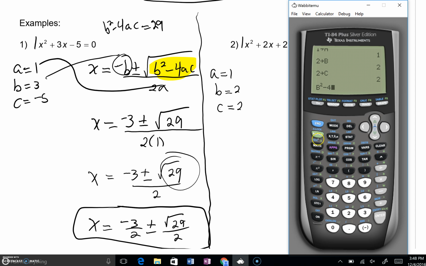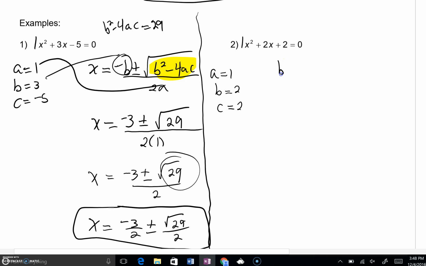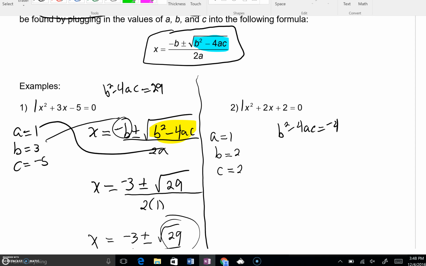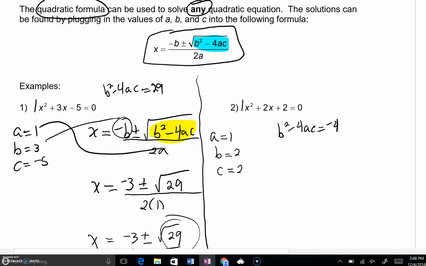And you get that, and you're going to get -4. And that's what I'm talking about. Sometimes you're going to get your b squared minus 4ac to be negative. What am I getting at? Look at the top of this screen here just for a second. That b squared minus 4ac is the number you're going to have inside of that square root.